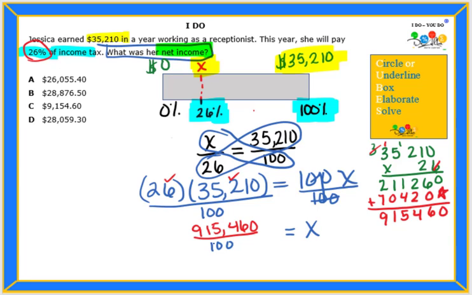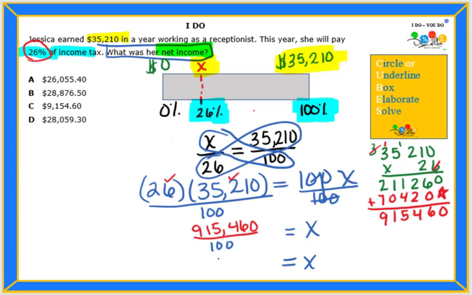Now let's remember what happens when we divide by 100. When we divide by 100, we move the decimal 2 places to the left. So if we move the decimal from the very back, 1, 2, we're going to end up right between the 4 and the 6.